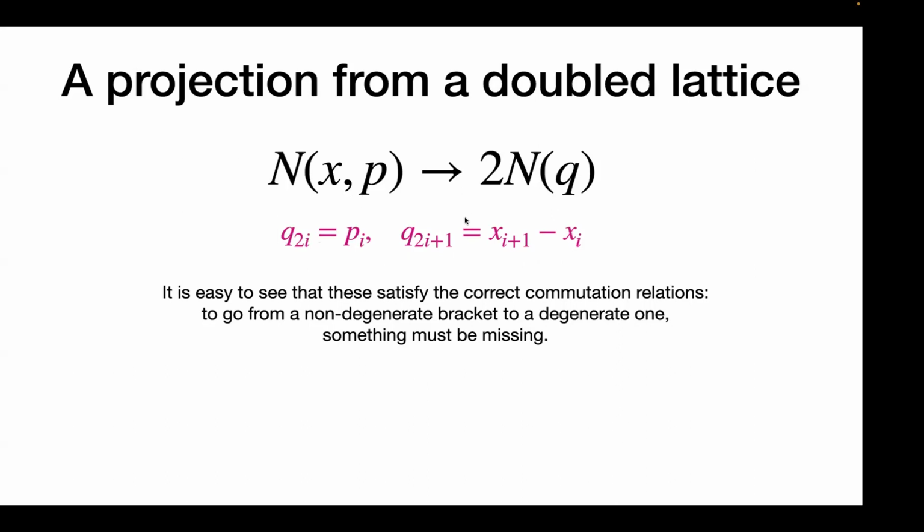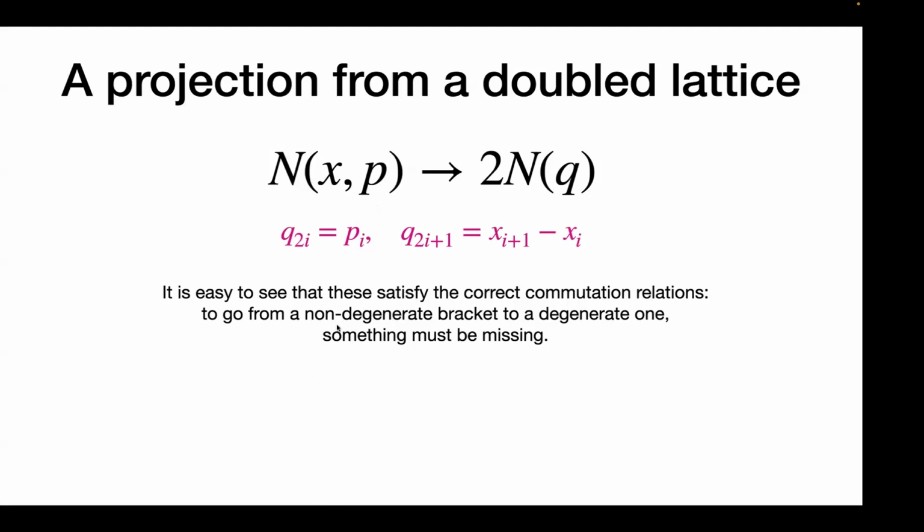But beforehand, I told you that there were 2 central elements. And here I started with a non-degenerate theory between the x's and the p's. So there should not be 2 central elements, things that commute with everything. So when you go from these n variables to these 2n variables, you've done something funny. The map is non-invertible. Okay?